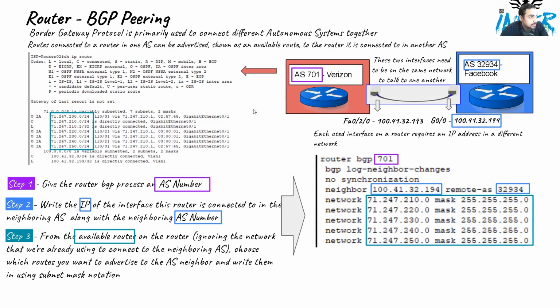Like we're directly connected to somebody here, but it's not directly connected to our neighbor. So we're going to put that in here. Here's the network because we want to advertise this one. Same thing for 220, right? And so on.